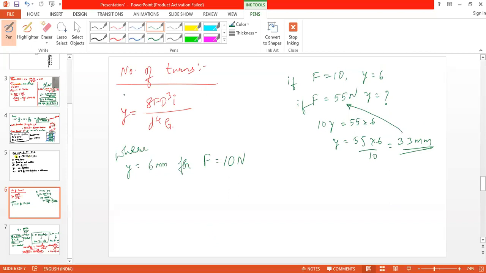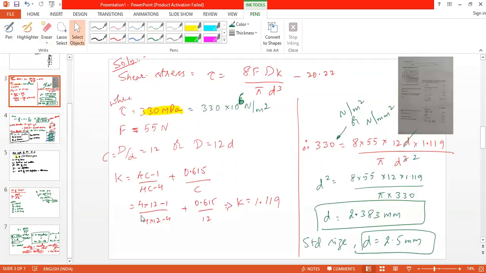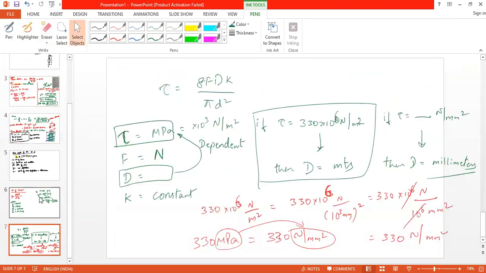Is it clear? So the value of Y is 33 mm and F is 55 Newton and D is 32.5 mm and small d is 27.5 mm. What is the diameter of the wire? 2.5 and nominal diameter is 30.